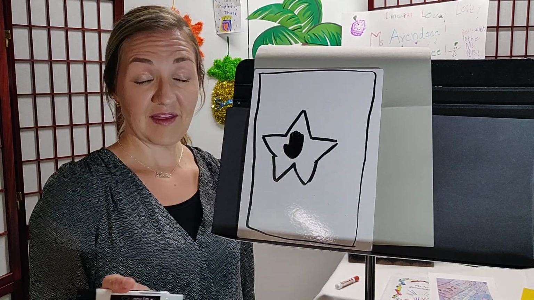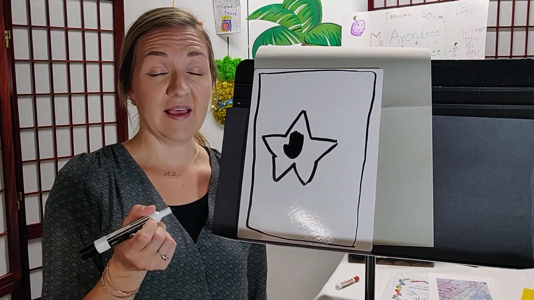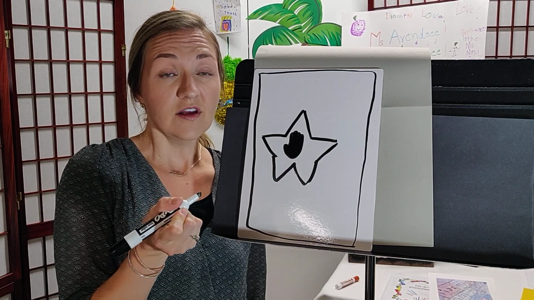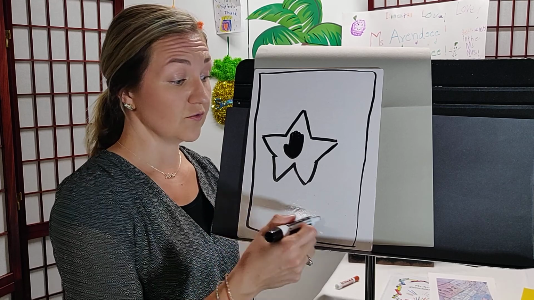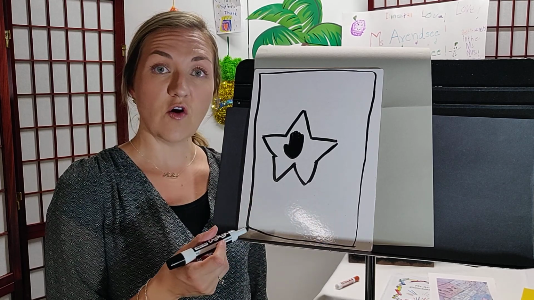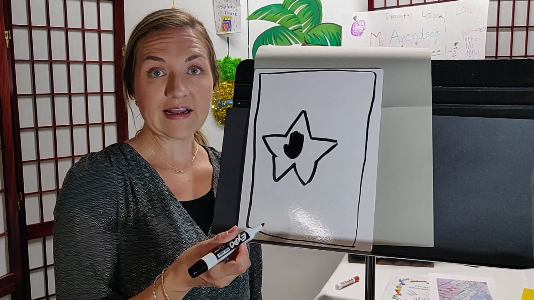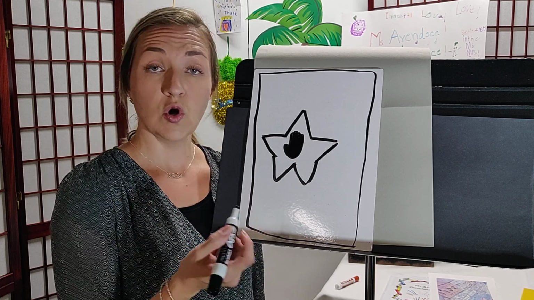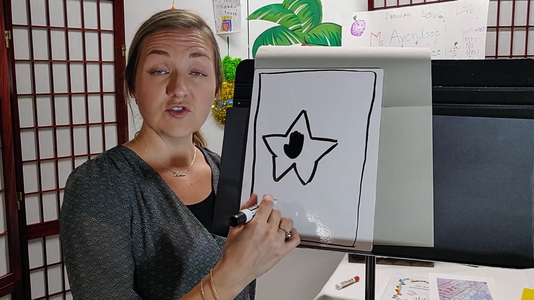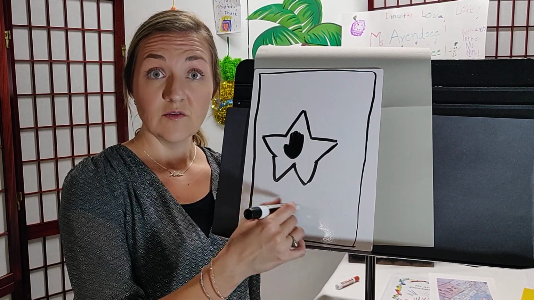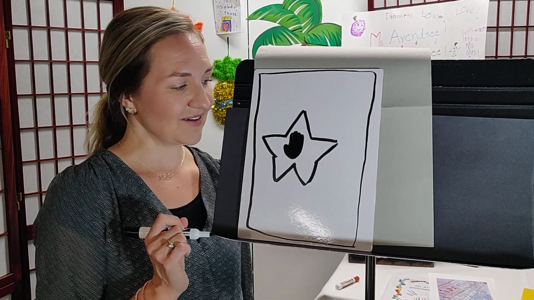I would recommend still using something that's a black color in order for it to show up very well. It could be that you write it in pencil first and then trace over it with a black crayon, black colored pencil, or a black marker, or if you do have black paint, you can write it with pencil first and then trace over it and paint with that black paint. It might look really nice that way too.